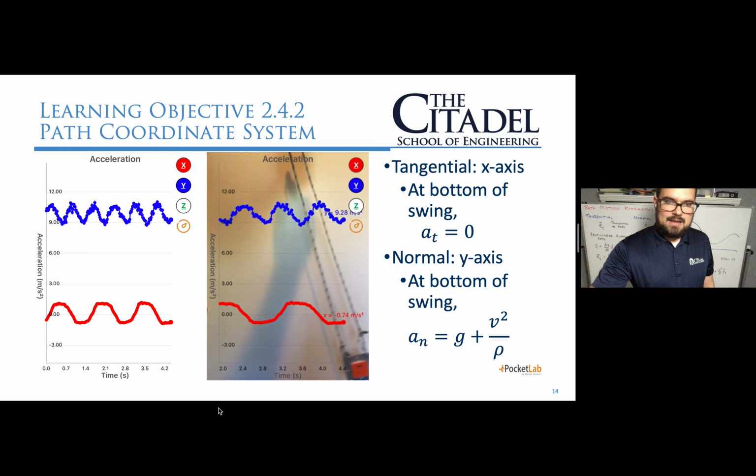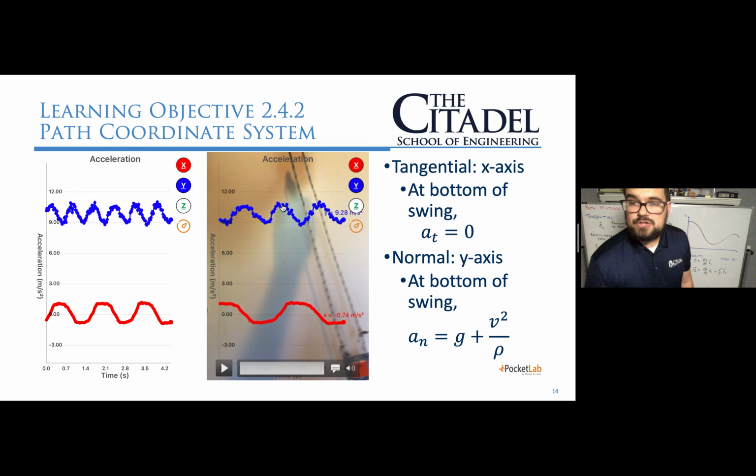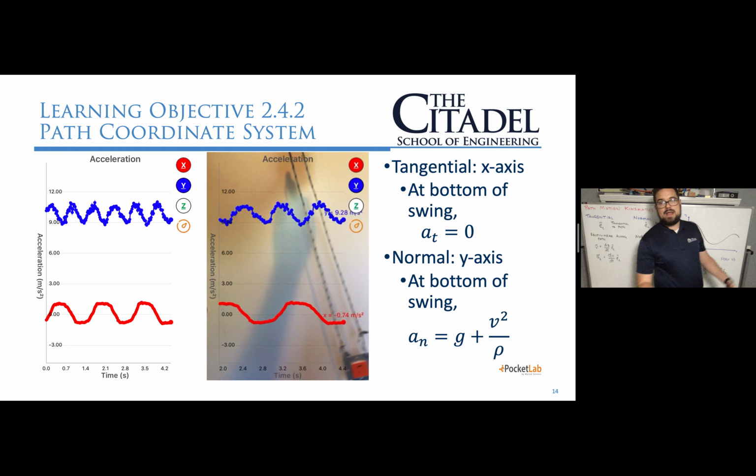When my x is 0 here, I get a peak in the acceleration that's equal to gravity, about 9.81, plus v squared over rho, because you're going the fastest through the bottom. And that sensation of weightlessness at the end of the swing is the acceleration at the bottom, because the velocity goes to 0. And rho would just be the radius of the string. That's the idea we're looking at there.